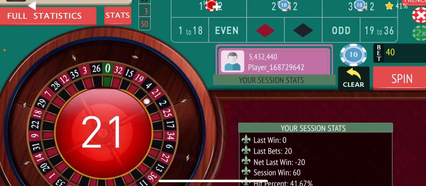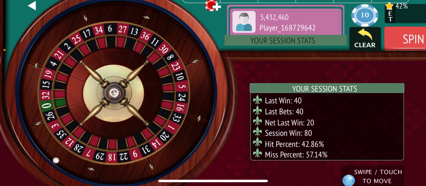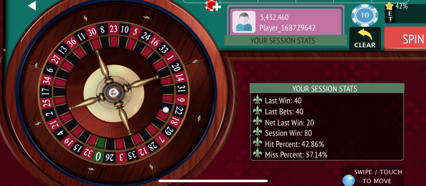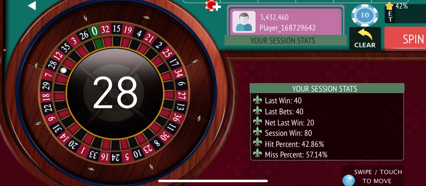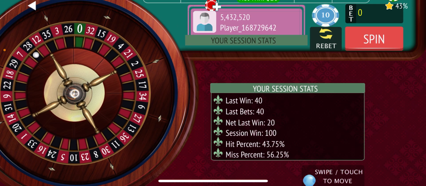The only reason I'm playing like this is because I've been recently playing online, and they do have a European wheel with just a single 0 as an option. I stopped going to the casino months back, and I've been winning online, so I just want to share these strategies with you guys.